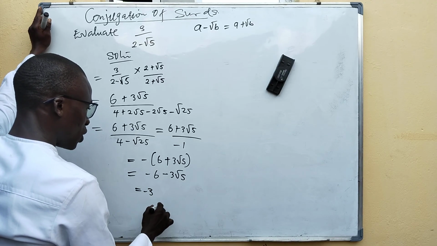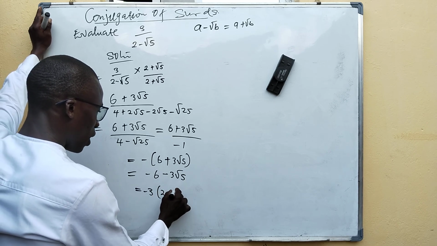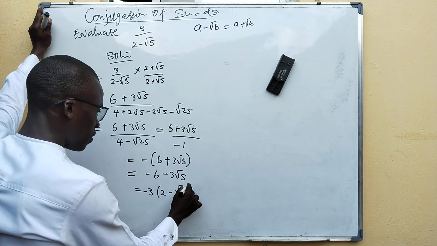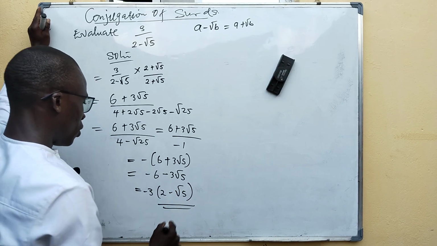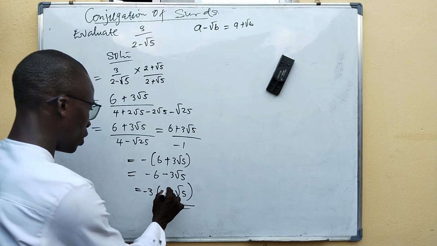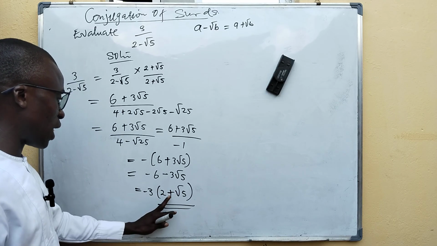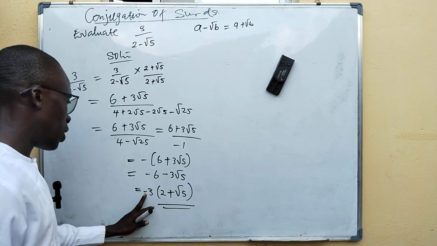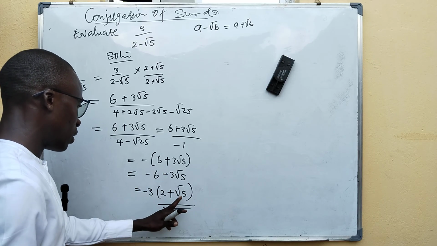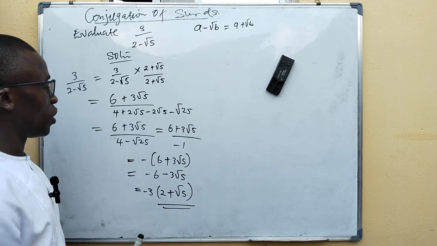If I bring out minus 3, I will have open bracket, 2 plus root 5. I think that will be clear, because minus times plus will give you minus, 3 times 1 is 3, and root 5. So this will be the answer to this very question.